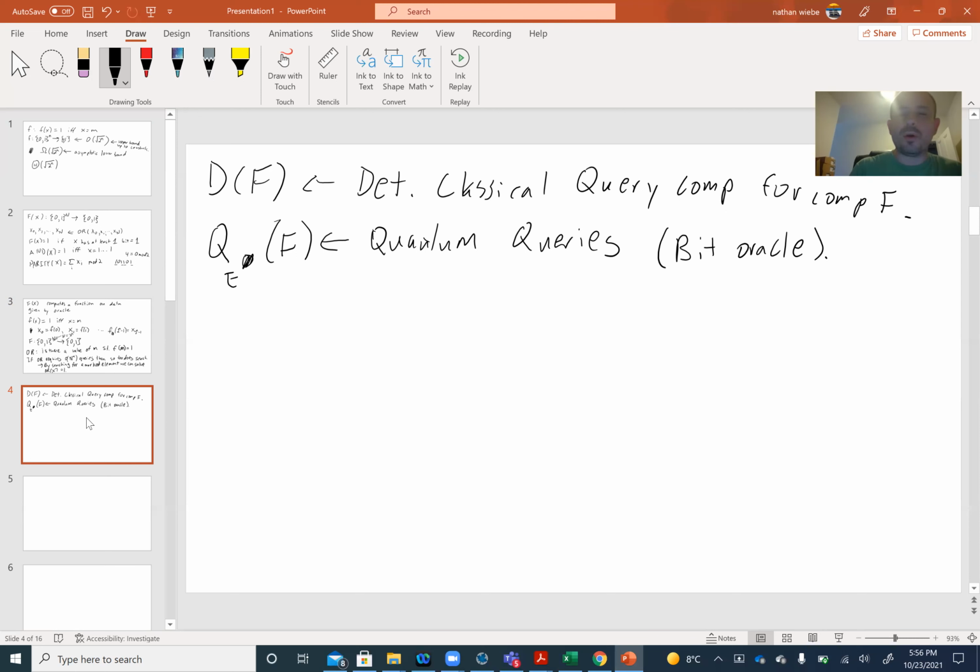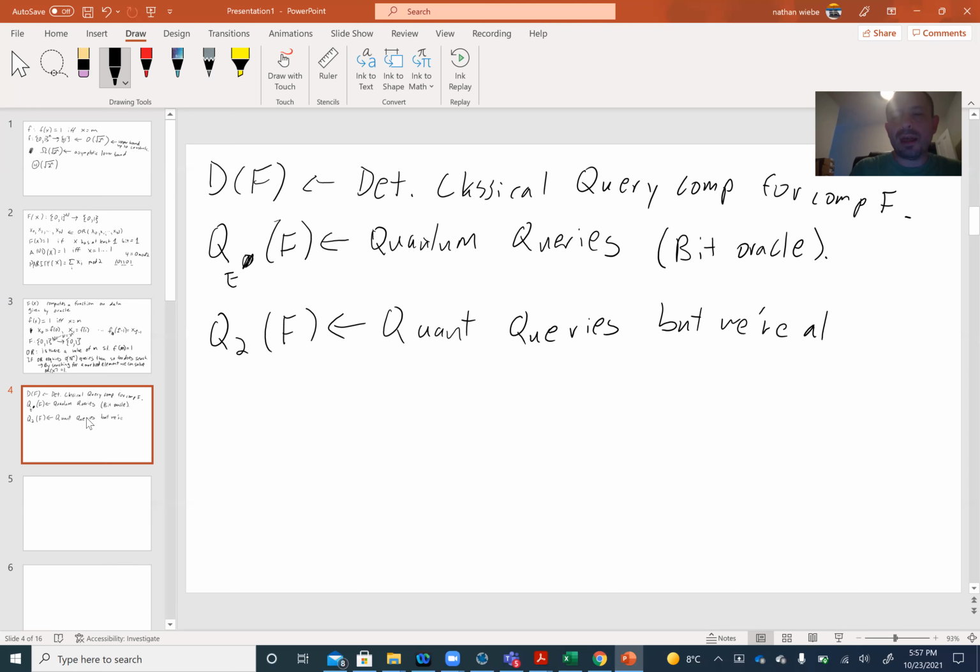So lower bounding the bit oracle will typically lead to lower bounds for all the rest of the types of queries needed. Okay, then another one we're going to discuss is Q_2(F), and this is quantum queries, but we're allowed to be wrong at most 1/3 of the time.